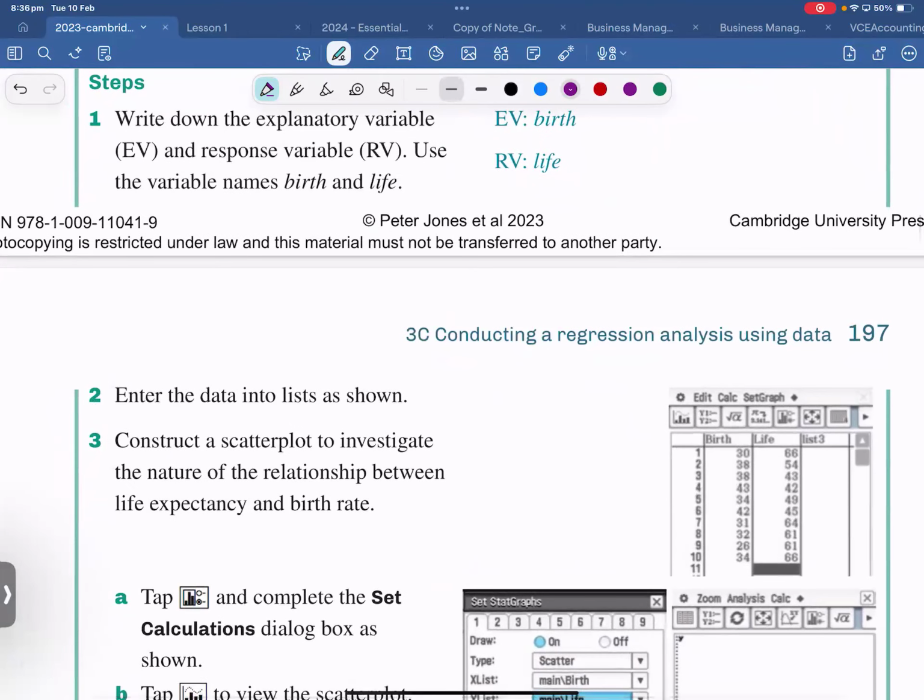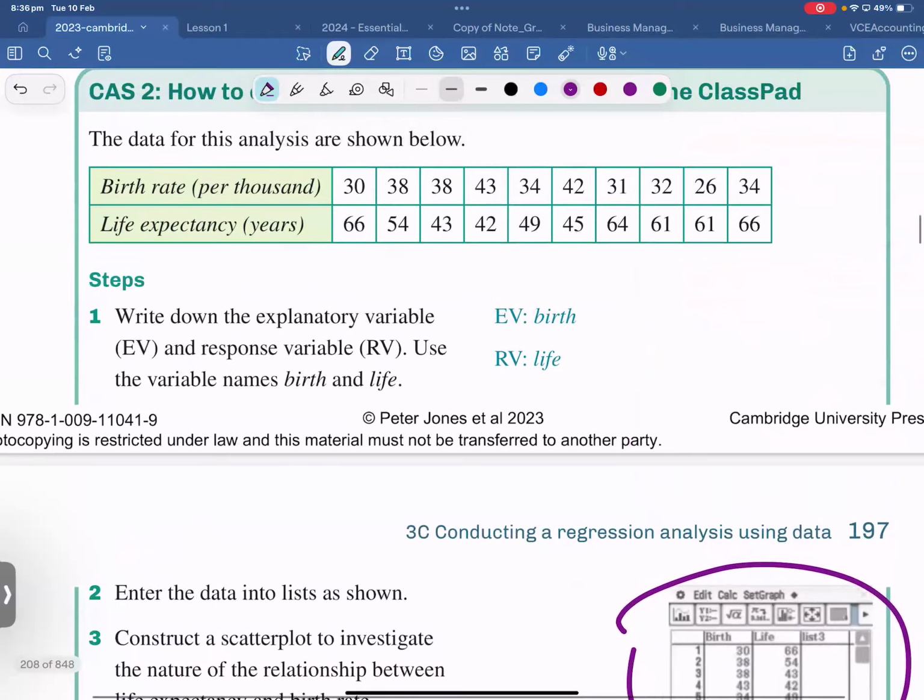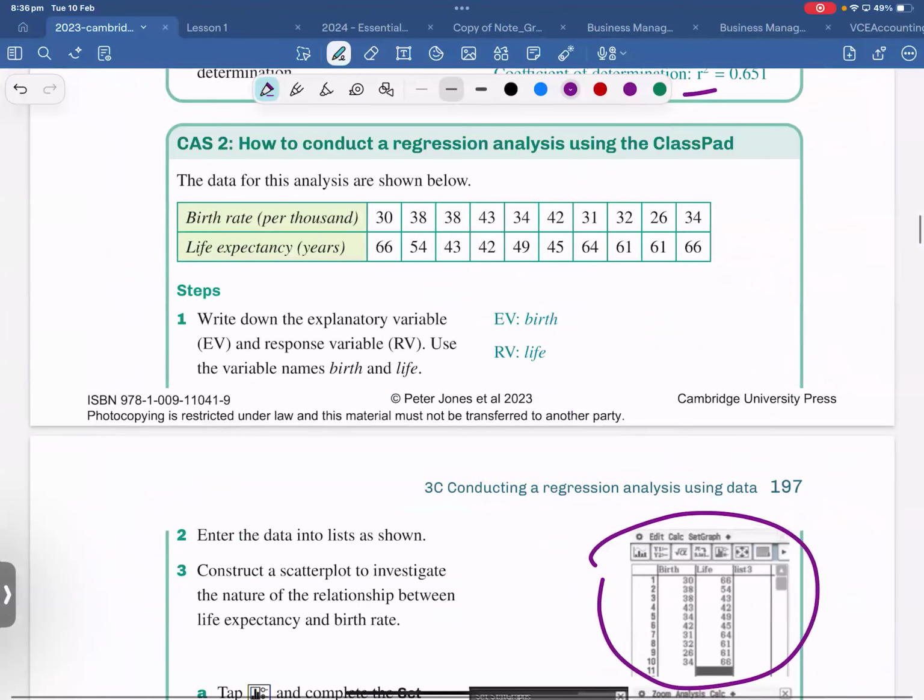No. Do you know how to get this one? No. That means you will have to follow the previous ones from chapter 2.